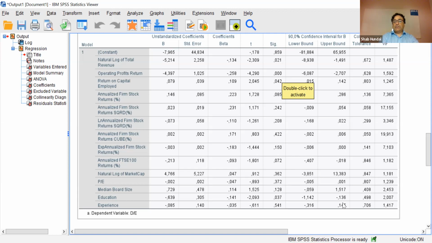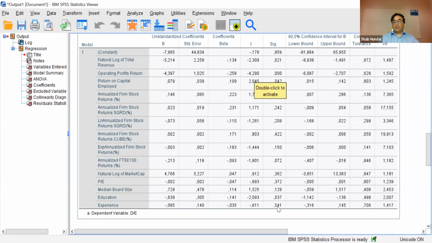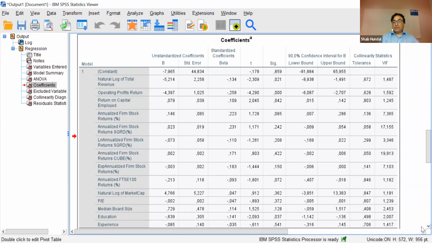If you see here, you can see one pattern between the t and sig columns: as your significance level is up, the t value is small, but as the significance level goes down, which means the confidence level goes up, the t value also goes up. Look, 100% confidence, the t value is larger. At 54% significance, or 46% confidence, the t value is very small.